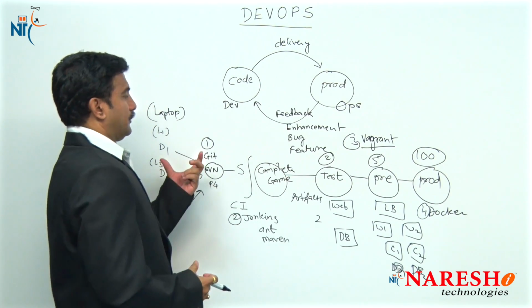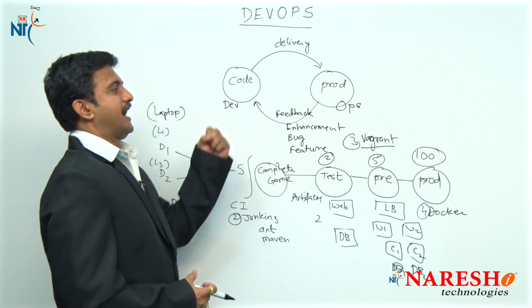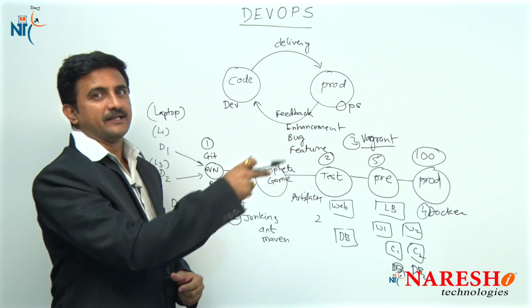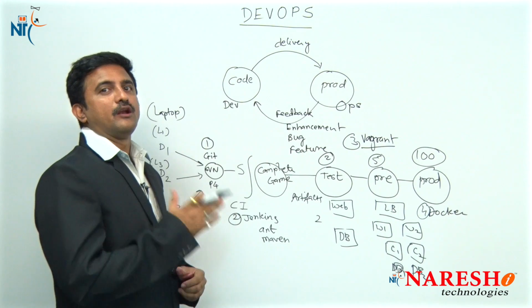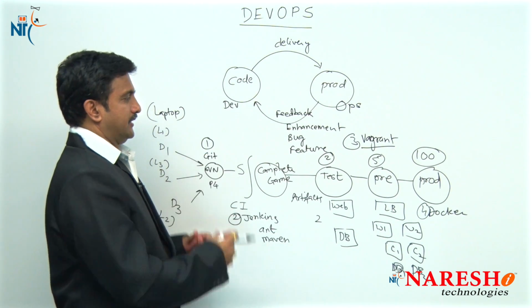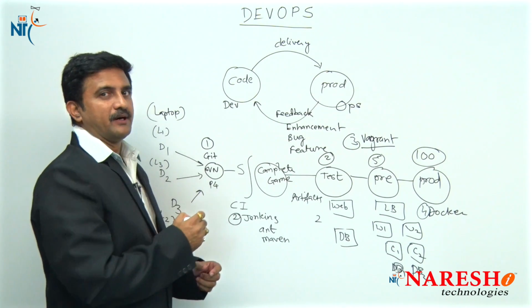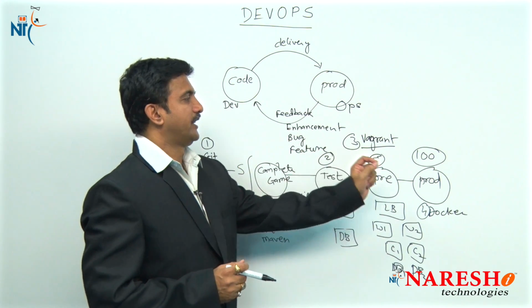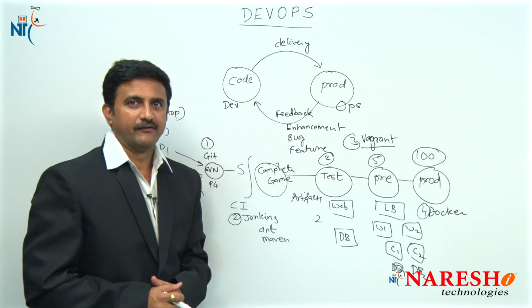That means getting the code from the developer and putting it into production. Now, this phase should be all automatic. What does automation mean? It is getting the code from the developer, testing it automatically, going into production and going into the last stage of delivery.